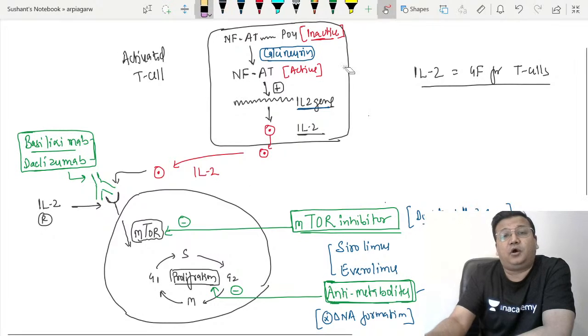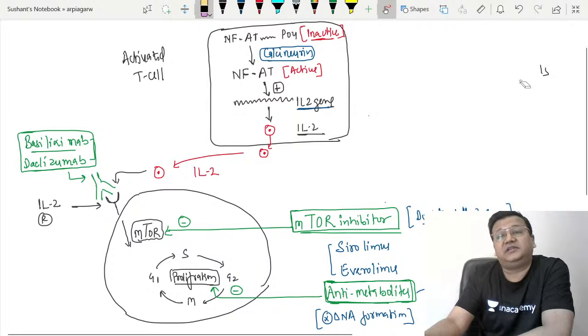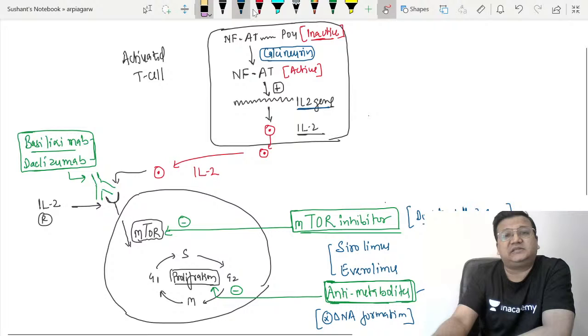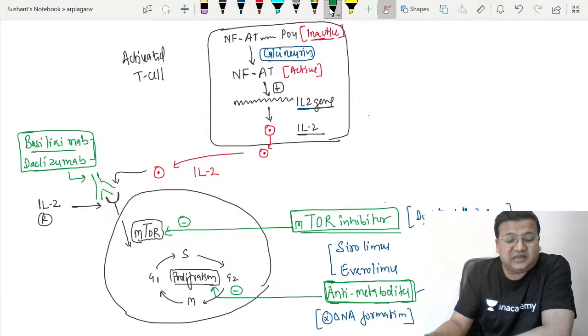So how can we block this calcineurin? I hope now it is clear to you which class of drugs I am talking about.